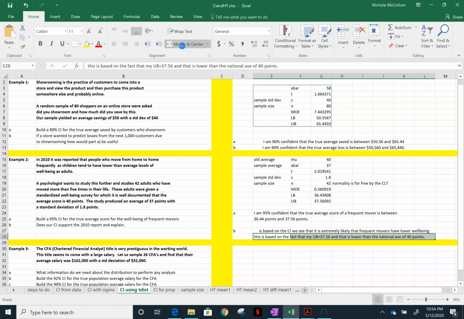That's the key. I'm 95% confident that the true average score for a frequent mover is between those two numbers. Both of these are lower than the national statistic. Since these are both lower, and more importantly, the high bound is lower than the national statistic, I'm extremely confident that these frequent movers do have a lower well-being than non.